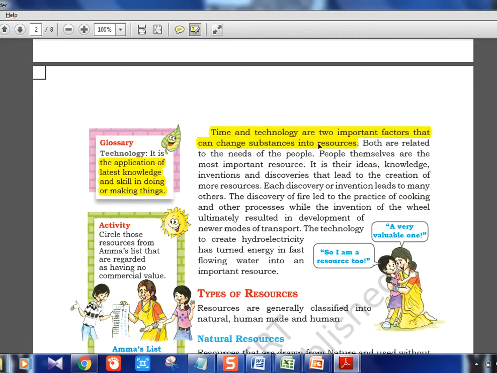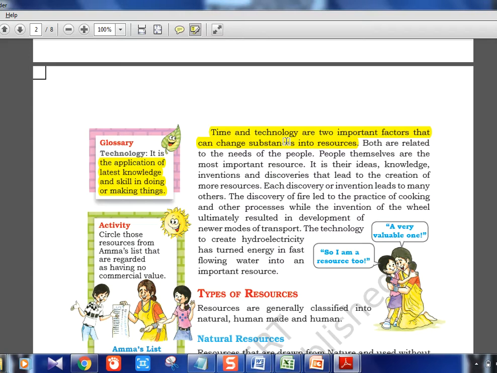Something which was not a resource a long time ago can become a resource later. For example, many home remedies which you use for small illnesses, or some treatment your grandmother suggests at home, are not considered resources at the global level.